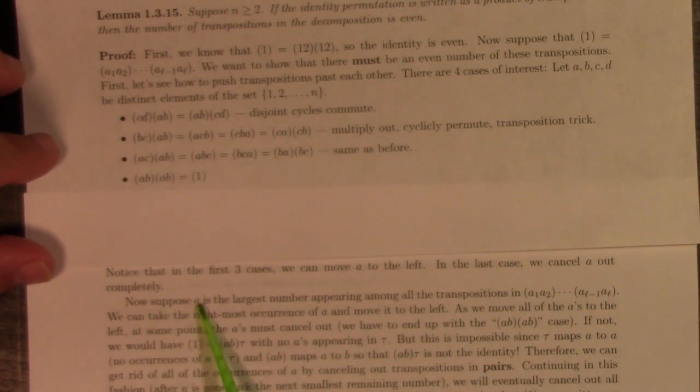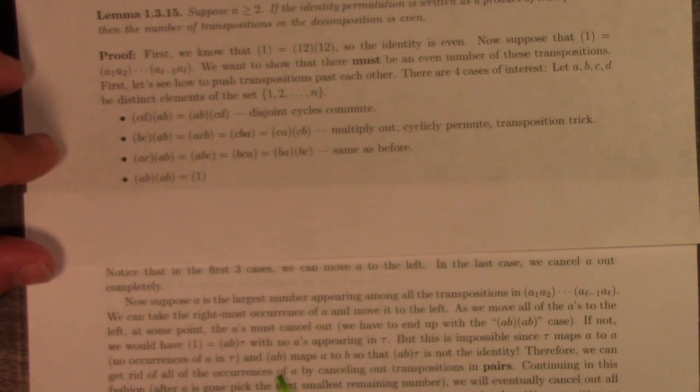He says, so suppose A is the largest number appearing in all the transpositions, right? And so he says we can take the rightmost occurrence of A and move it to the left. And as we move all the A's to the left, at some point the A's must cancel out, because we have to end up with the (A B)(A B) case, because if not, then it wouldn't be the identity permutation, right?